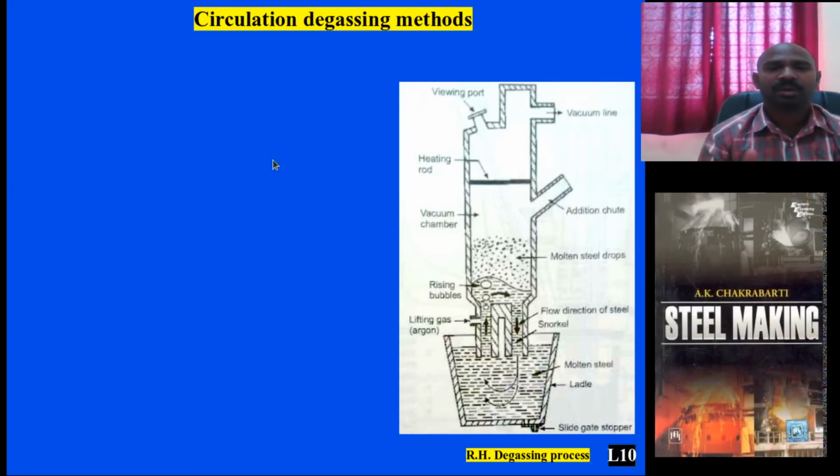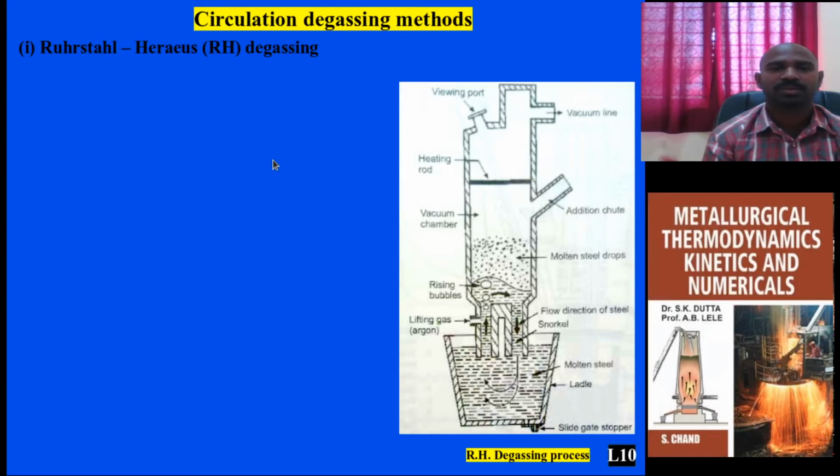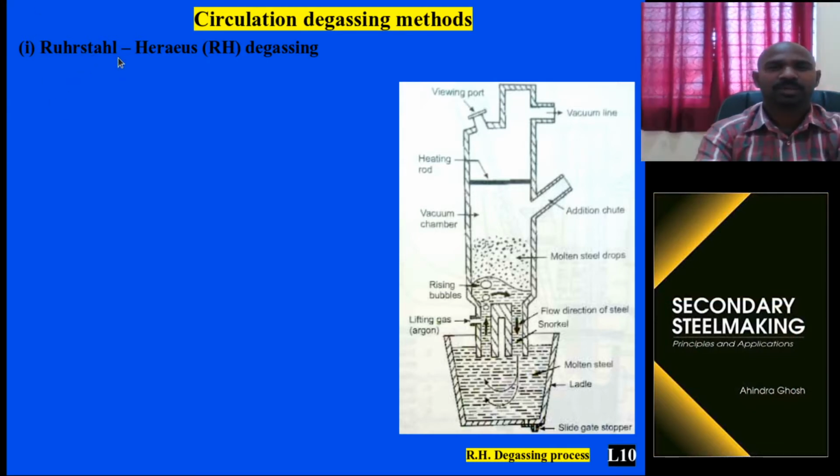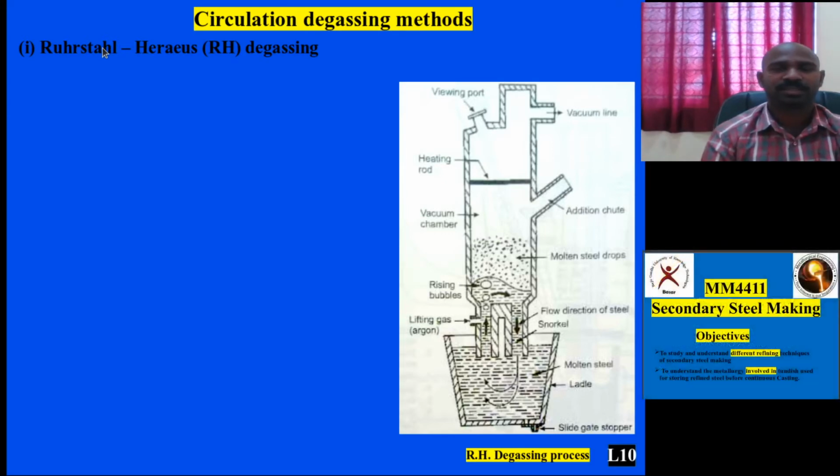Now let me emphasize a few important points. Under the circulation degassing process, one of the processes is the RH degassing process. It is still practiced nowadays. The meaning of Ruhrstahl is steel of the Ruhr in Germany.